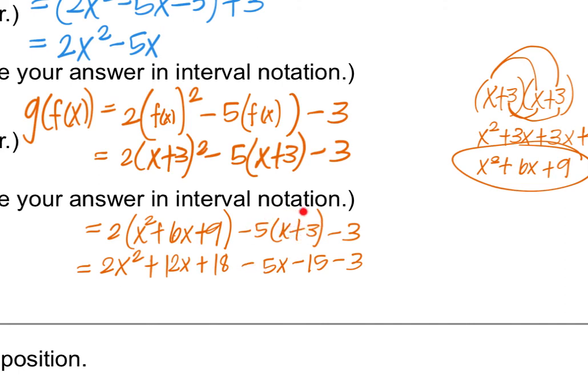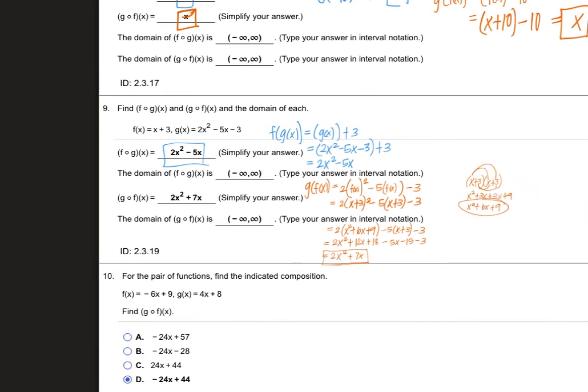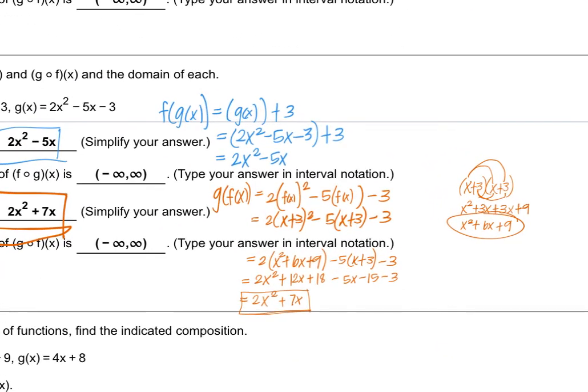Just be careful, negative 5 times that positive 3 is negative 15. And now I'm going to combine like terms to get 2x squared plus 7x. And so that is what we get here. And again, the domain for those functions, they're not rational. There's no denominator, so they're just from negative infinity to infinity.